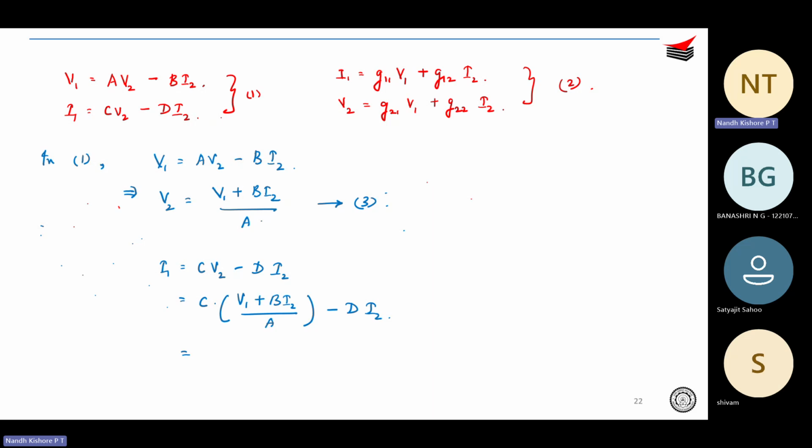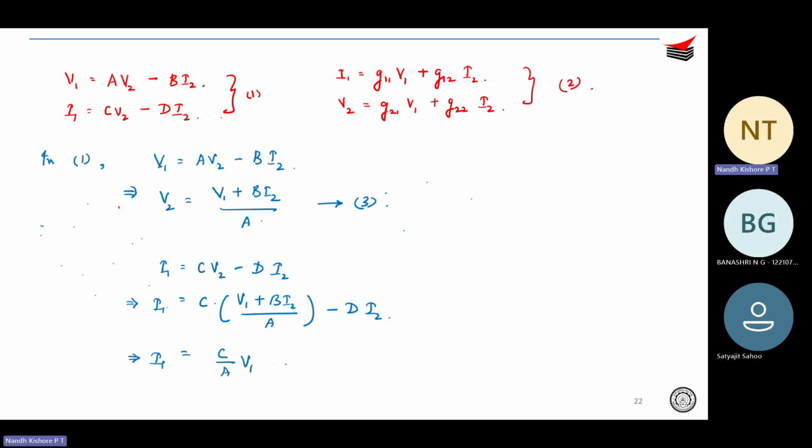Okay. I1 is basically then C by A V1 and then plus CB by A minus D into I2.